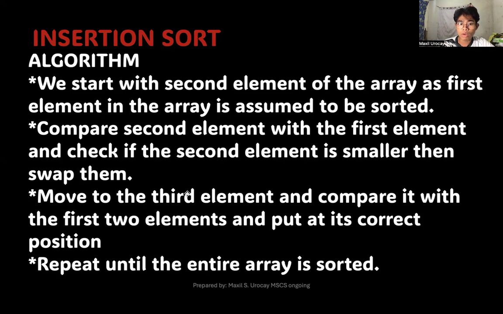So we are following here the n minus one iterations, since we are just starting from the second element. Next we move to the third element, compare it with the first two elements and put it at its correct position. We repeat that until the entire array is sorted accordingly.